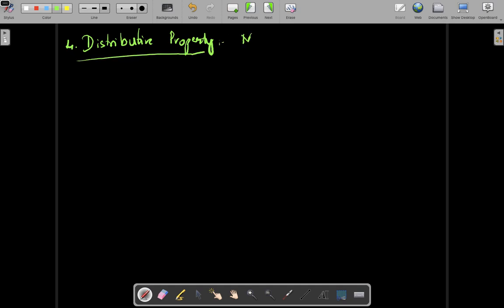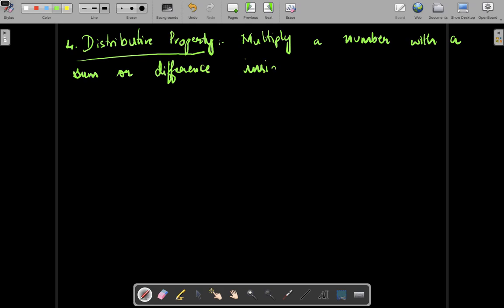Distributive property means you're going to multiply a number with a sum or difference inside brackets, like a times (b plus c) equals, you're going to multiply a to b and you're going to multiply a to c, and always make sure you see the sign in between b plus c.